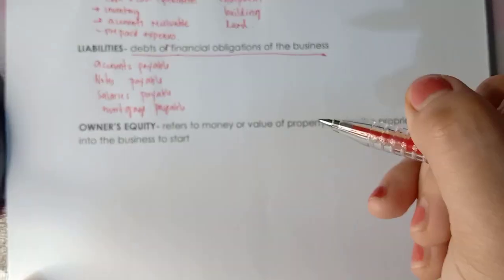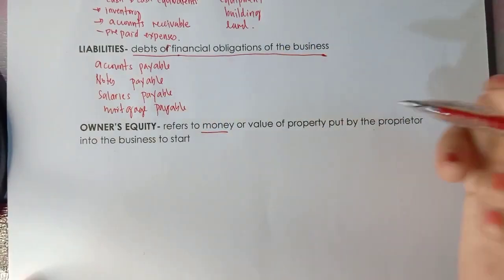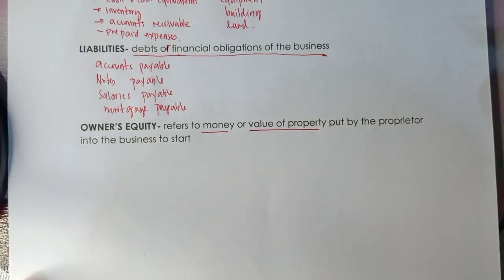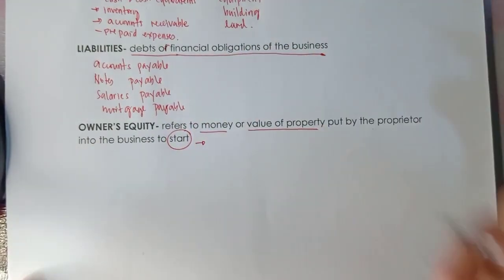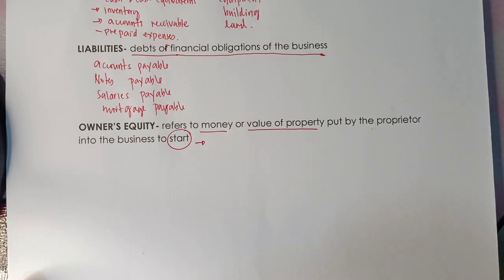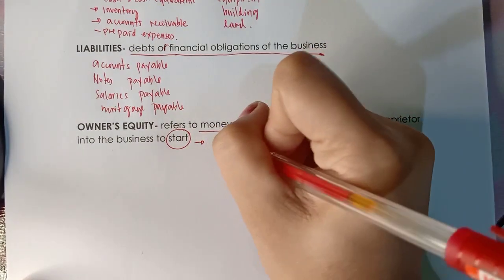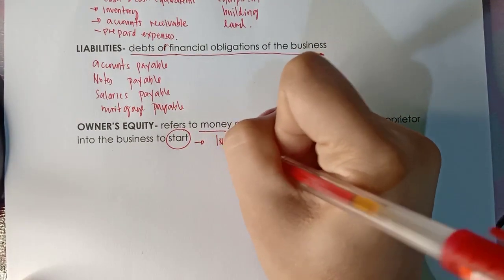It is the money or value of property put in by the proprietor, if it is a sole proprietorship, or the partners, if it is a partnership, in order for them to start their business entity. So at the start, it is referred to as the initial investment.